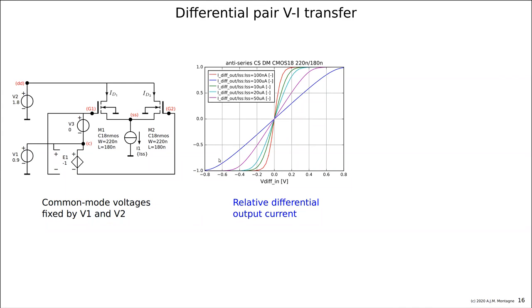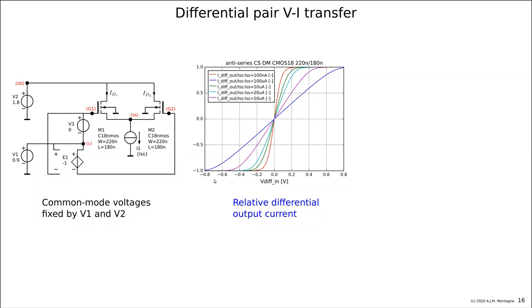And what you see is the relative output current. So it is the output current ID1 minus ID2, the differential output current, divided by I1, what we call the tail current ISS. So I am changing the operating point current all the time and plotting the ratio of the differential output current and the operating current.